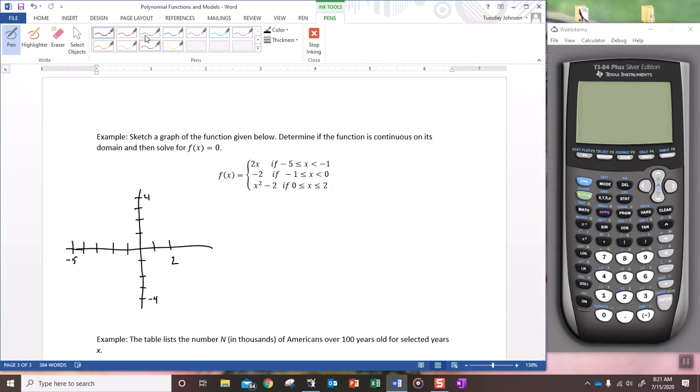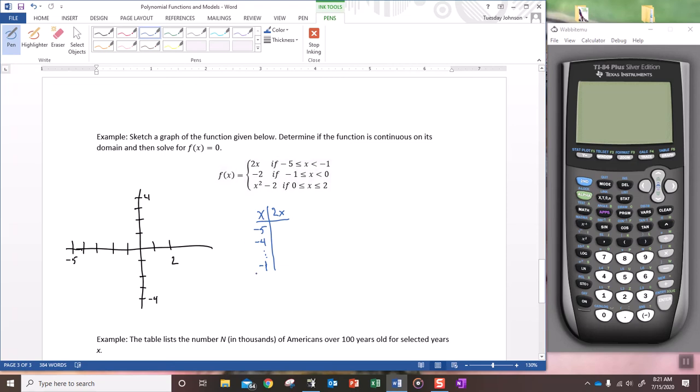So I'm going to do the top piece. So x and 2x. It's a polynomial. It's linear, actually. So I'm going to use negative 5, negative 4, and I could use all of the values all the way down to negative 1. But here at negative 1, notice there's no equal to.